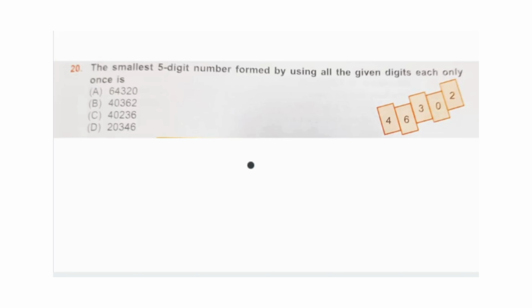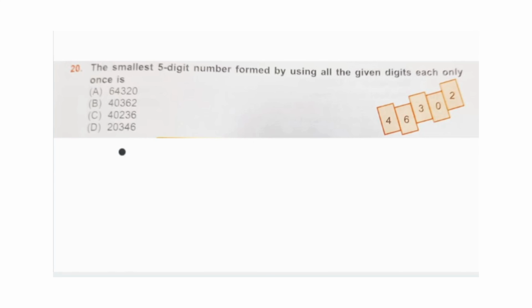Let's look at question number 20. The question reads: the smallest 5-digit number formed by using all the given digits, each only once, is. If you read the question correctly, we have to find a 5-digit number, and make sure that the digits do not repeat. Each is used only once.